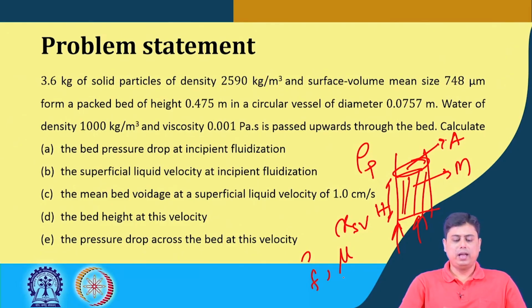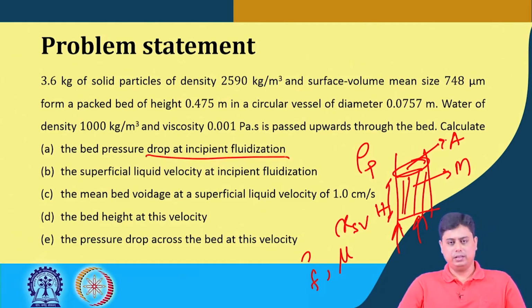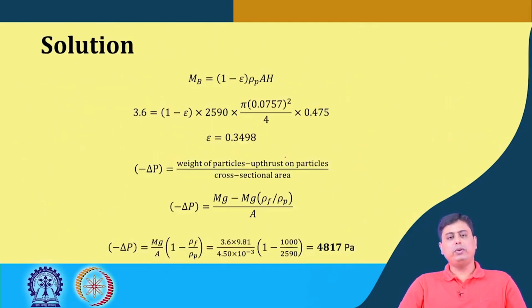First of all, we have to calculate the pressure drop at incipient fluidization, that is at the beginning of the fluidization, or the onset of fluidization. So, how do we do that? For that, what we at first require is the bed voidage, and bed voidage we can easily calculate from this information.